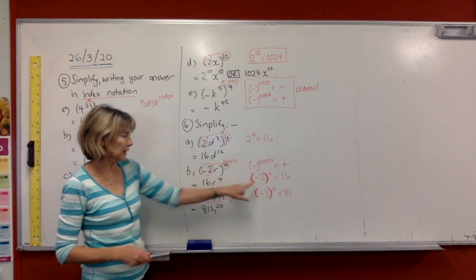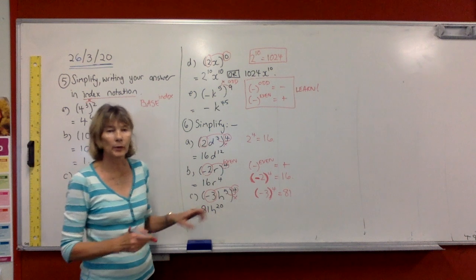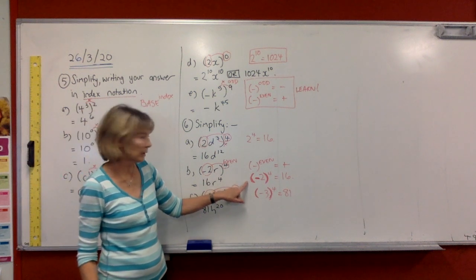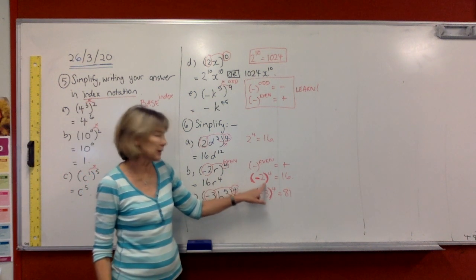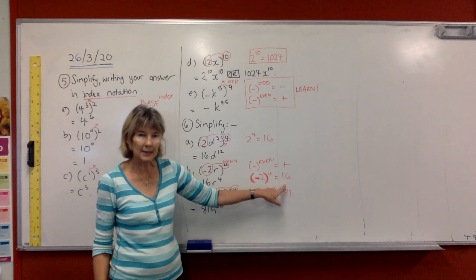Remember when you're using a negative to a power, on your calculator you have to put it in the bracket. So you need to open bracket minus 2, close bracket to the power of 4 to get the correct answer of 16.